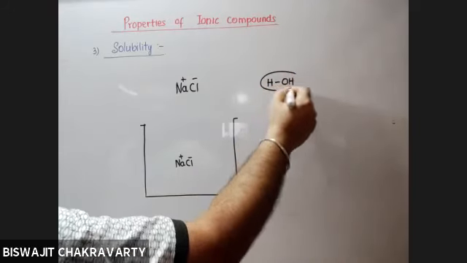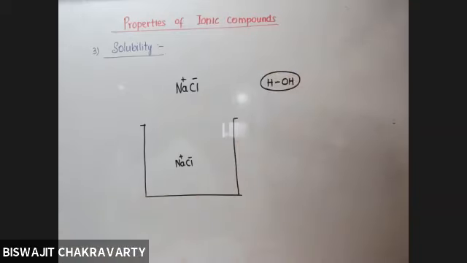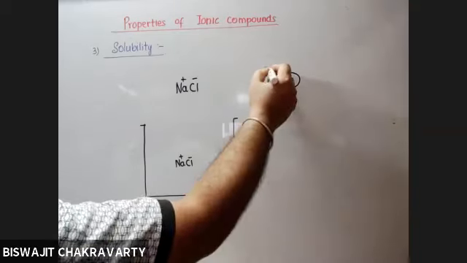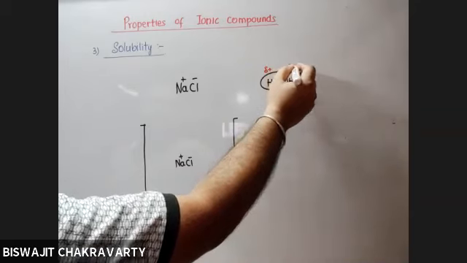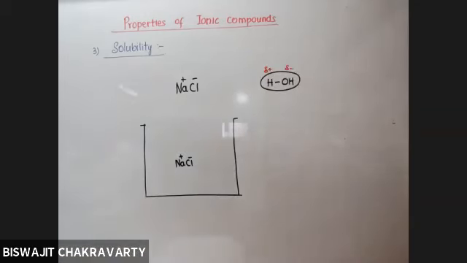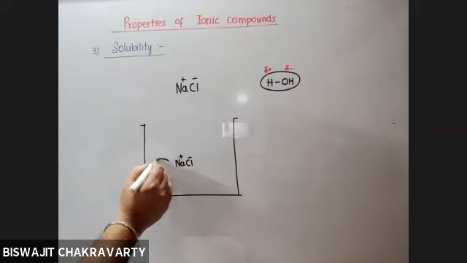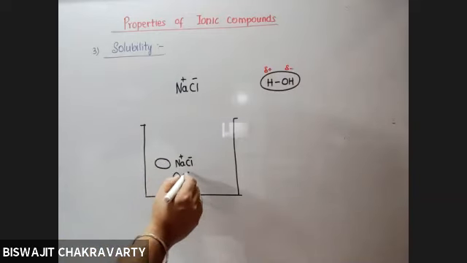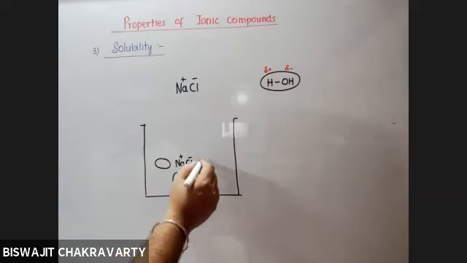Water molecule is a polar covalent molecule with partial positive charge on hydrogen and partial negative charge on OH. So the moment the sodium chloride is dissolved in water, the water molecules will surround the sodium chloride from all the different directions.